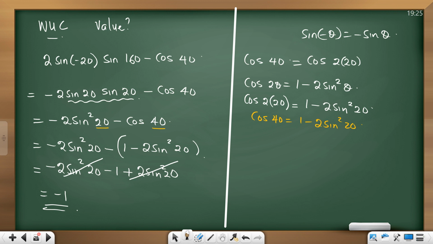We expand the bracket here. Negative times 1, negative times negative will be positive.